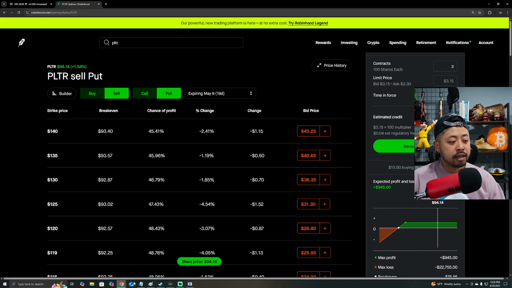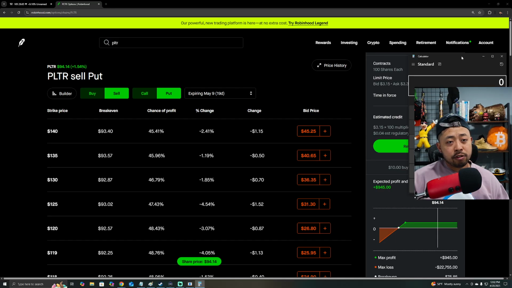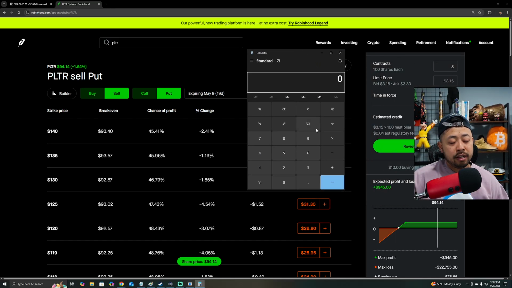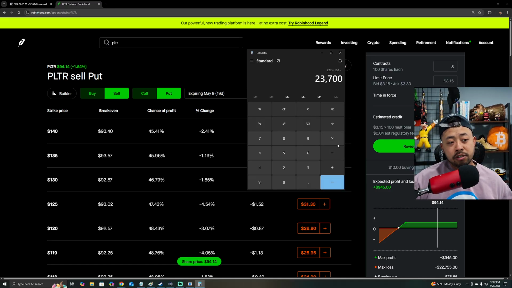944. And let's just bring out the calculator really quick here. The reason why I'm doing it a week after earnings is because I believe that Palantir is going to have really solid earnings, because I feel like they have a monopoly on the AI government industry. So let's just do this. $79 times 3 times 100. $23,700.